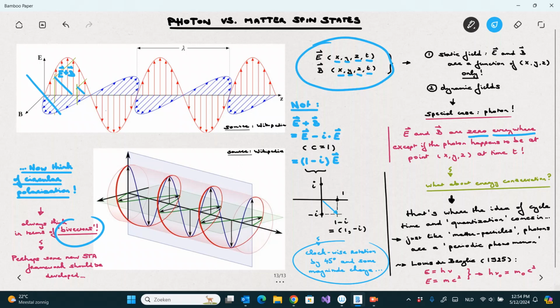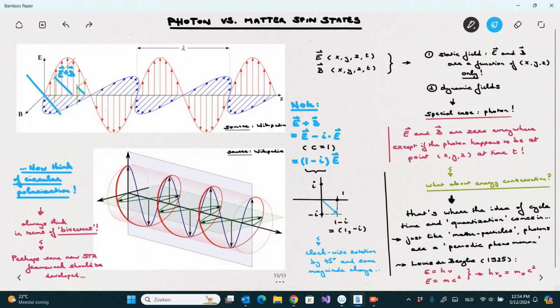We combine the electric and magnetic field vector, we add them up, and you can see this will be what you can call an amplitude or a wave function, and it will go in and out as it travels along its direction of travel.